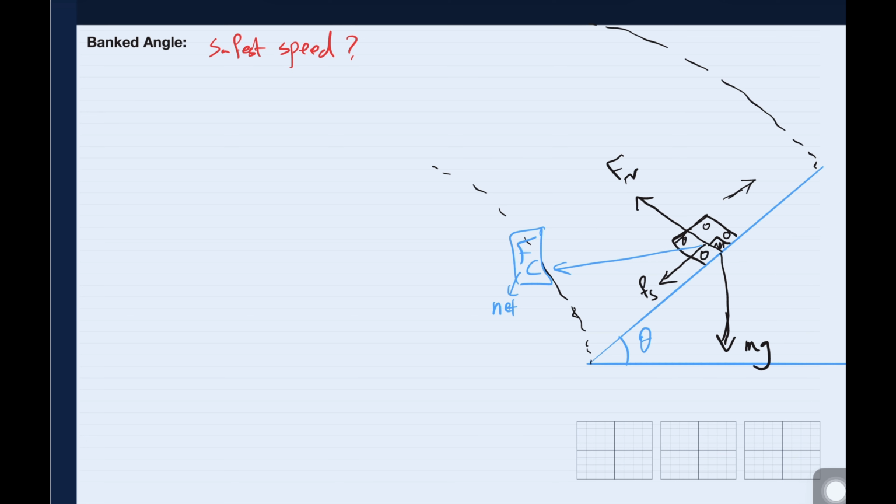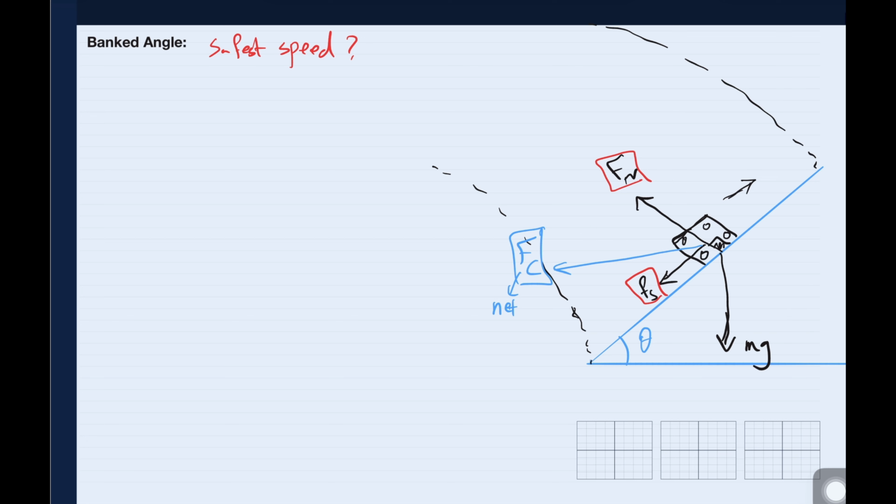Because I have a 2D system, I have a vertical force like this, and I have some diagonal forces like this.